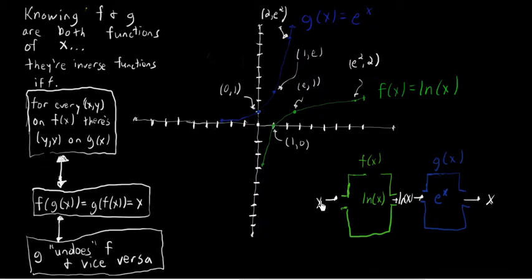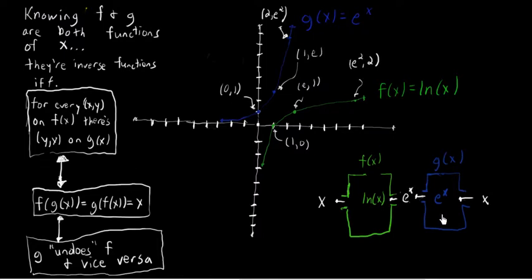So if you input x into f of x, you'll get a y for f of x, and you will input that value of y for f of x as an x into g of x, and you'll get another y. So it should be clear that for every x, y on f of x, there's going to be a y, x on g of x.